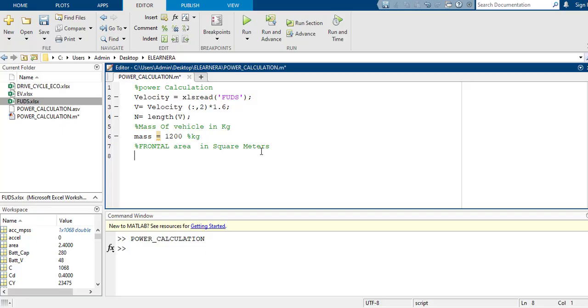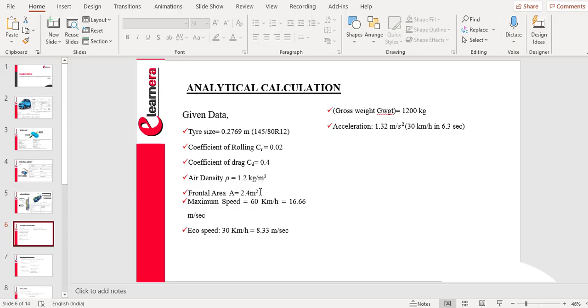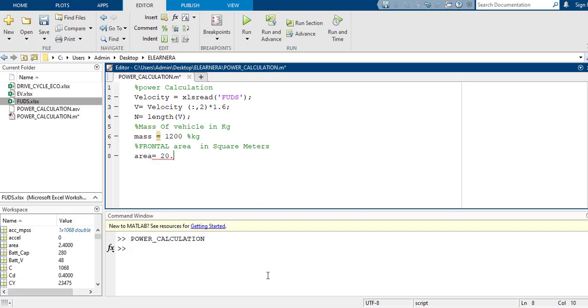So we are mentioning frontal area as area is equal to, what is its value? Its value is 2.4 meter square.